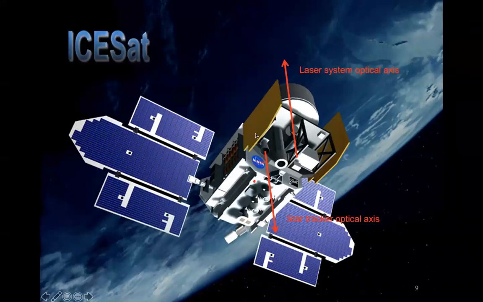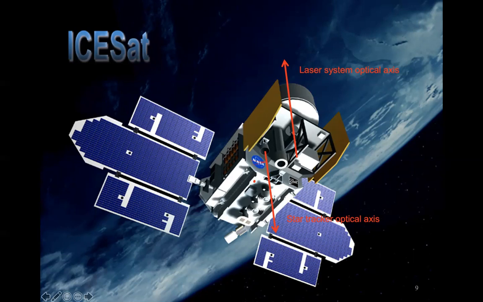This reference frame, the star tracker optical frame, is not exactly coincident with the frame of the body, because, for example, this platform can be deformed by thermal gradients, or you can have mechanical deformation, and so on. So in principle, the vector S, the star, is measured with respect to this reference frame.